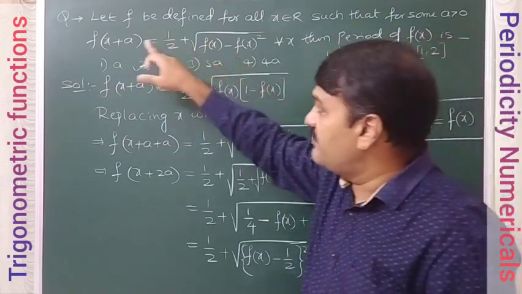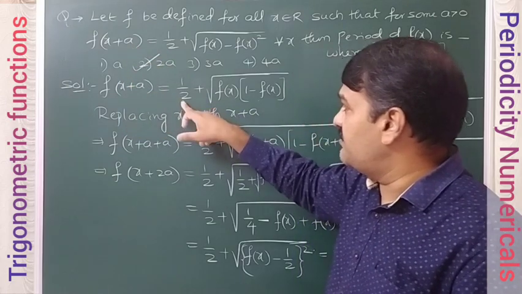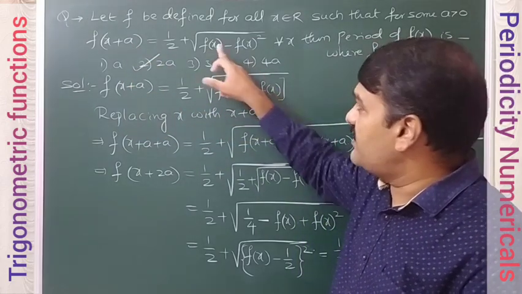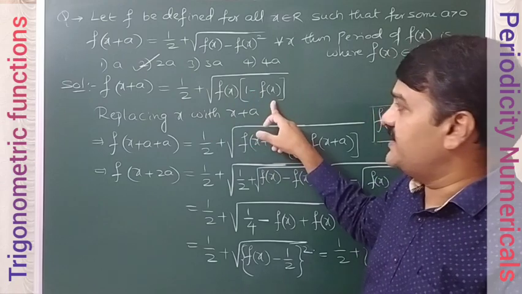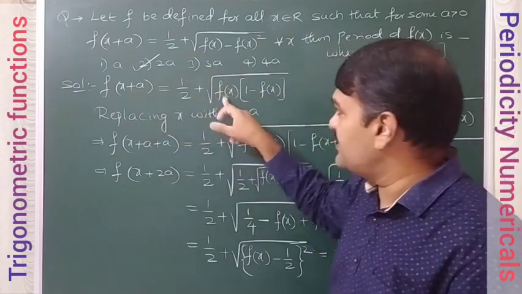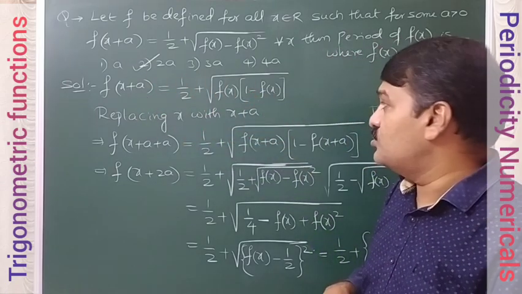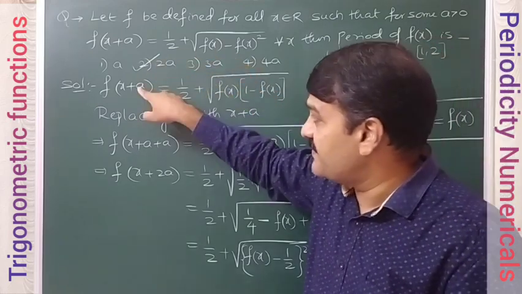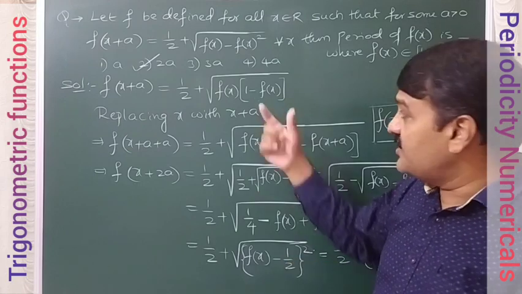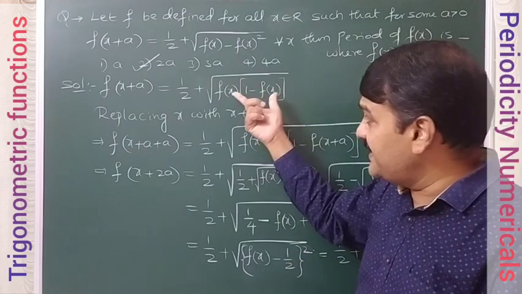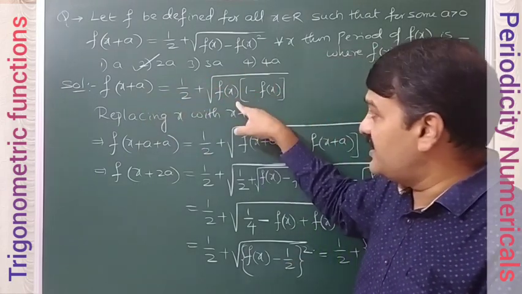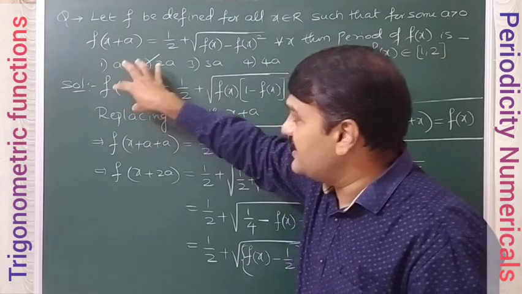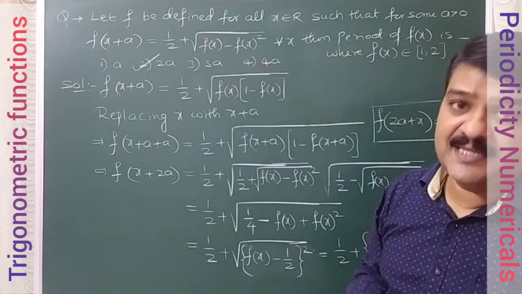Now we will take the given equation basically. F of x, if we take common, we will get like this. So this is the basic equation given. Now let us try to represent this RHS in terms of f of x plus a. So if we represent this RHS in terms of f of x plus a, we can substitute the value of f of x plus a in that.